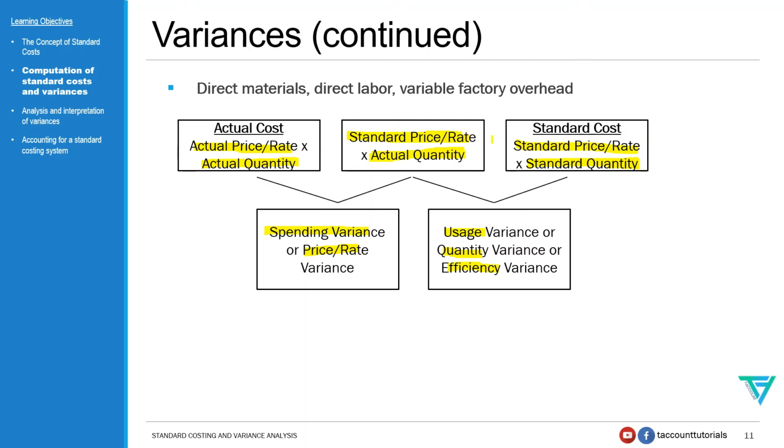So again, this could also be expressed through analyzing the variables affected. For this instance, we can have standard price or rate multiplied by the change in the quantity, or the difference between actual quantity and standard quantity. All right. And then lastly, if we get the sum of the two variances, we arrive at the total variance here. Or in the first step, the more straightforward approach would actually be just to compute the difference between standard and actual cost. Okay.